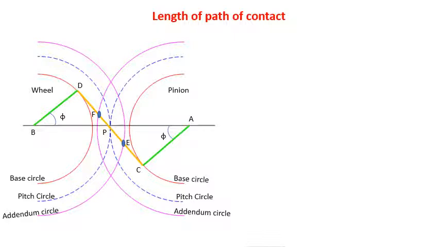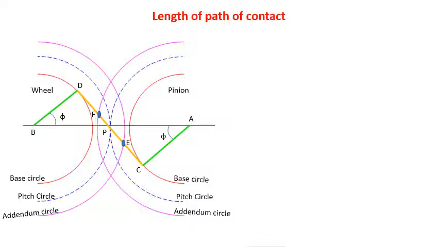So wherever this line of action cuts the addendum circle, this is the addendum circle for the pinion and this is the addendum circle for the wheel, mark those points. So here E and F are the two points which we got. Okay, so this EF gives the length of the path of contact.